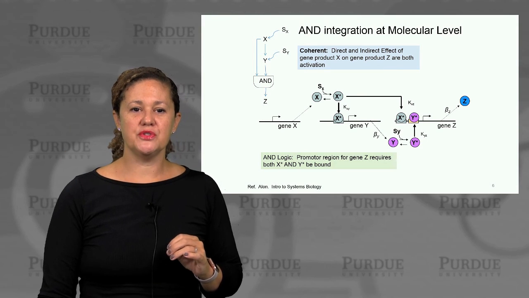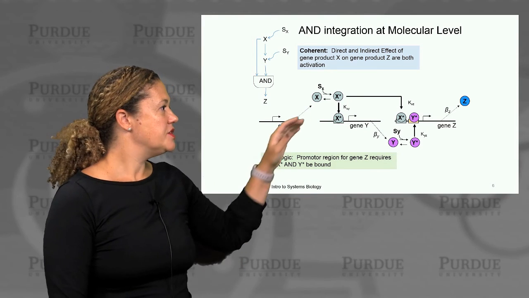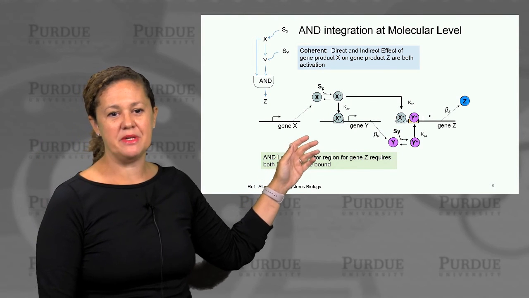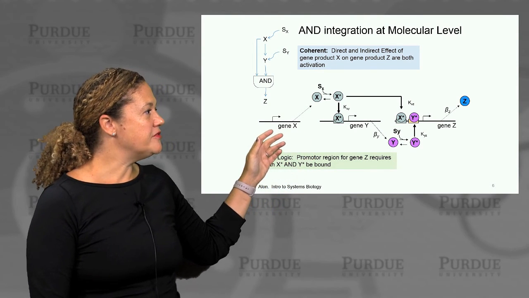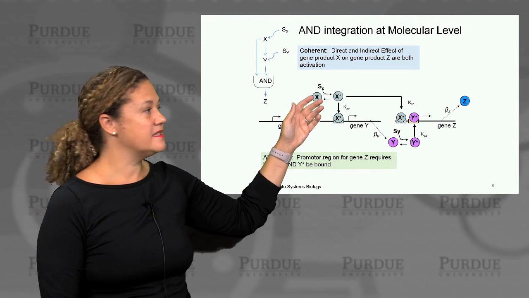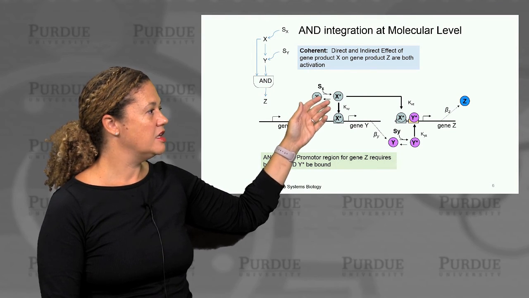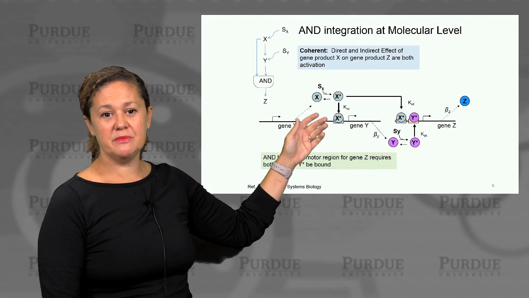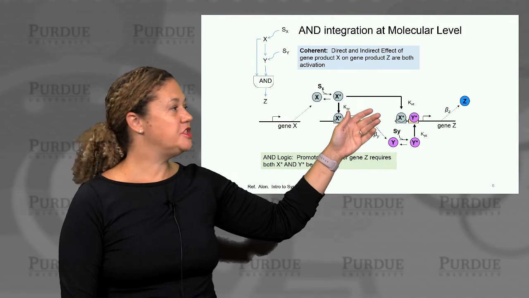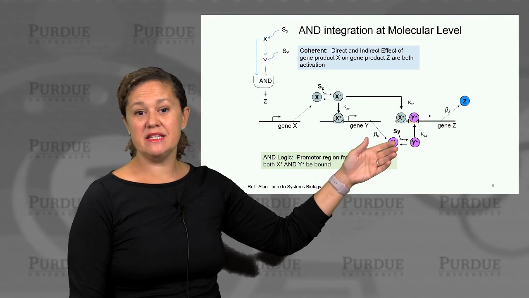So let's take a closer look at the molecular level of the AND integration. Here we've got a gene cartoon, a gene representation of what's happening in our feed-forward loop. The gene product of X can get activated by our signal X, so we've got our active transcription factor X, designated by X star here, which can bind upstream in the regulatory region on gene Y and activate expression of gene Y product Y. Now, Y can also be activated by its signal.